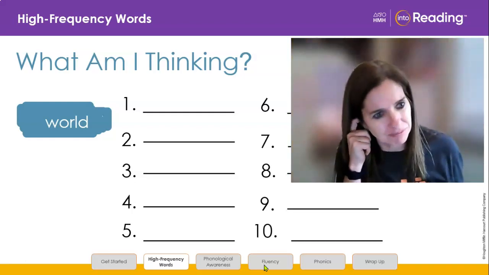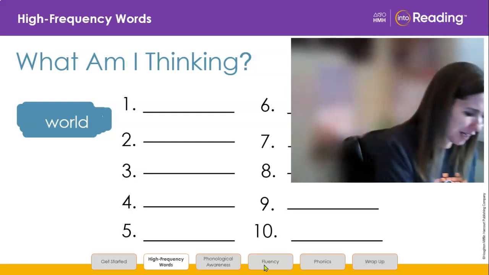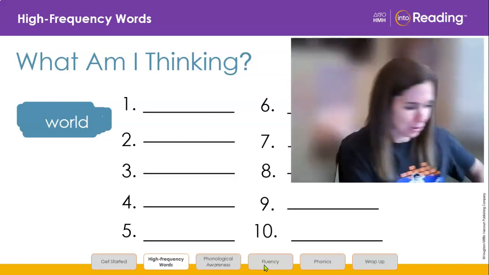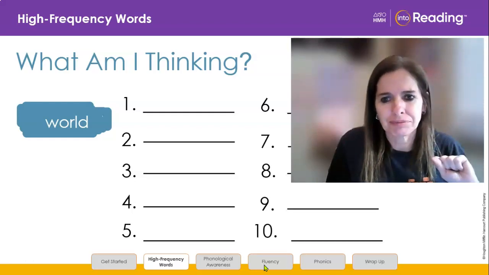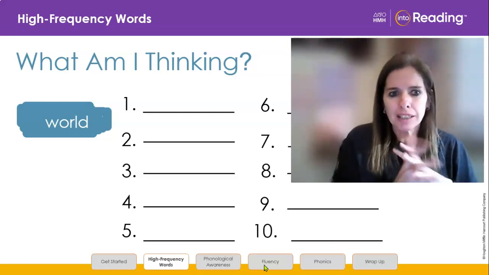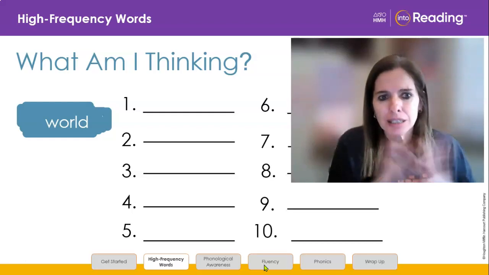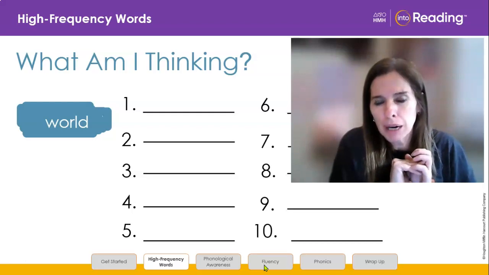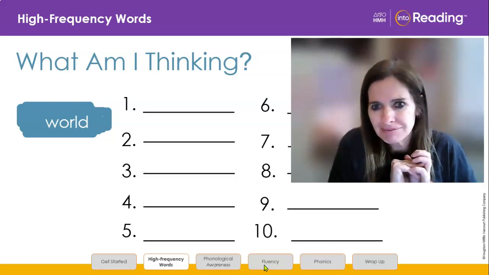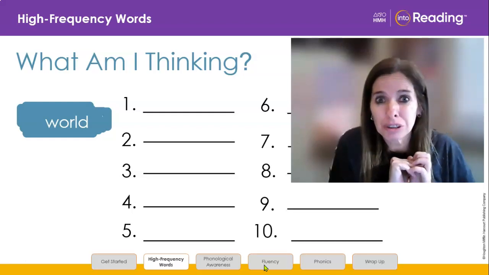All right. Are you ready for the next one? This is number 5. We'll see how many we can get through. Let's try to do all 10. Number 5. I'm thinking of a word that has 2 syllables. It rhymes with bunny. And we use this word in math a lot.